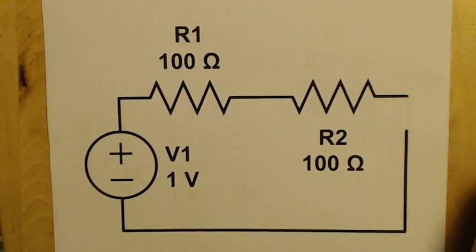This would be called an incomplete circuit. A circuit, electrical circuit, being a path for the electrons to flow on their way to do work. And if you study this diagram carefully, even if you don't know anything about electricity, you should be able to see that there's no complete path.